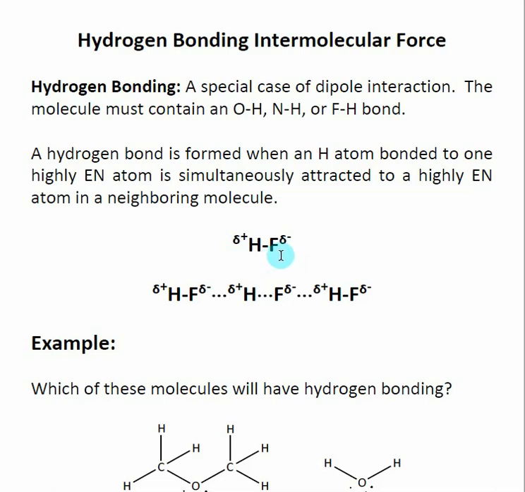But now, because we're dealing with some of the most electronegative elements, this dipole separation is actually so strong that the bond, so the bond here between hydrogen and fluorine, is actually weak enough to allow one hydrogen to pop off one fluorine and jump on to another fluorine.